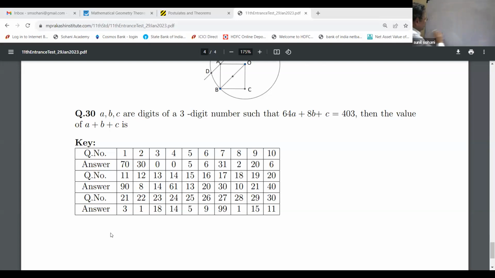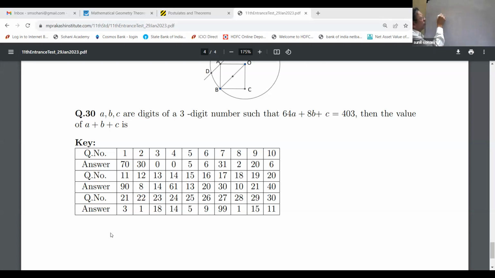This is not a question of any syllabus of standard 10 or standard 9. It is a general question. The question 30 reads: A, B, C are the digits of a 3-digit number.